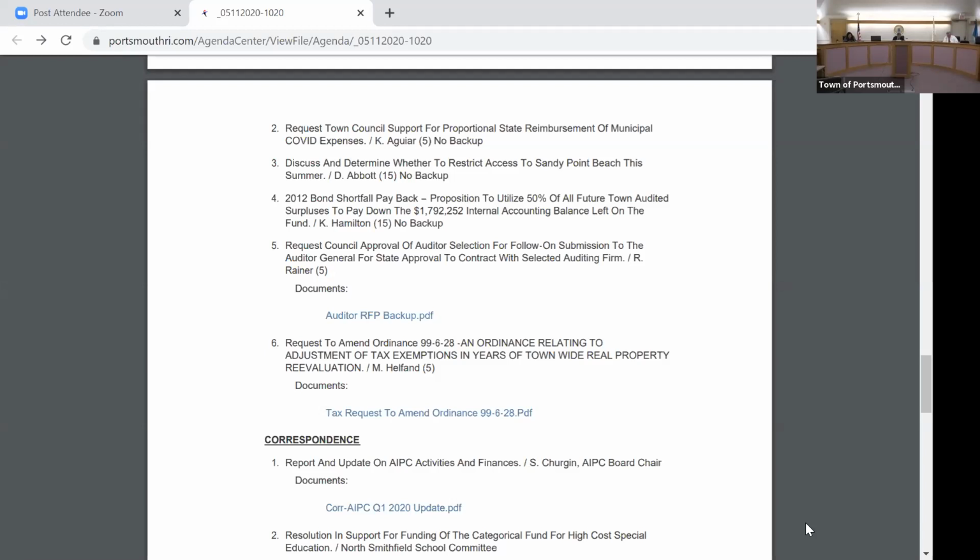On to business number 3. It's discuss and determine whether to restrict access to Sandy Point Beach this summer. Ms. Abbott? Yes, I've had several residents in Portsmouth reach out to me with this concern. I know we are in communication with other municipalities and the state as to how they're going to manage opening beaches.